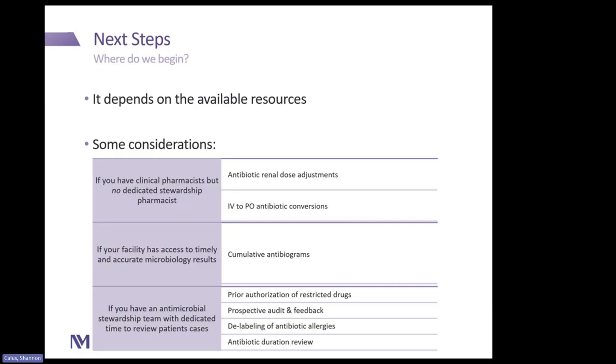So as you know, a large portion of our patients who come into the inpatient setting have allergies listed, but a lot of these are not true allergies, and a pharmacist with an assessment tool can help de-label those spurious allergies. And then antibiotic duration review, so those extra long durations of therapy that we know occur in the hospital because someone forgot a stop date, is something that the stewardship pharmacist can review and act upon.